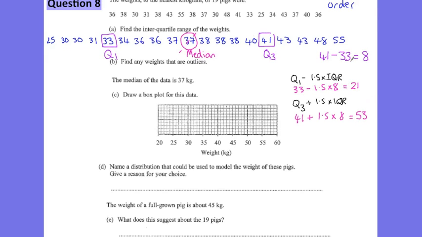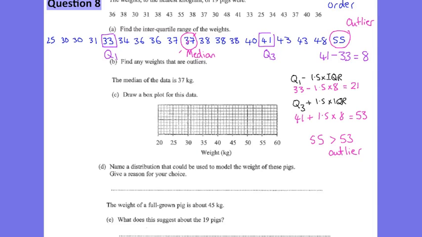Do we have any numbers larger than 53? Yes, this number is an outlier. So make that clear here: 55 is greater than 53, therefore it is an outlier. So we must mark that when we're asked to plot the information onto the box plot here.